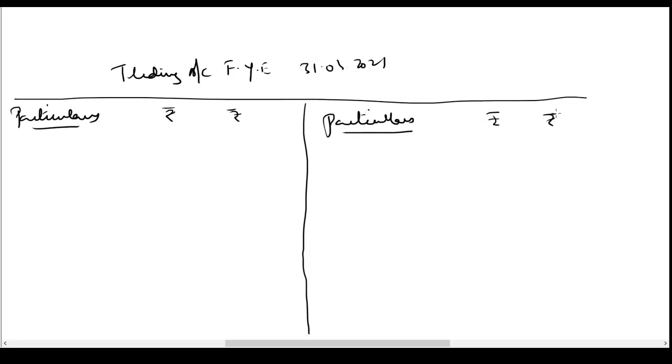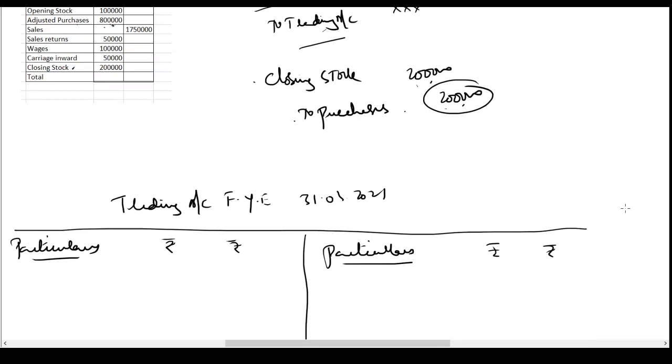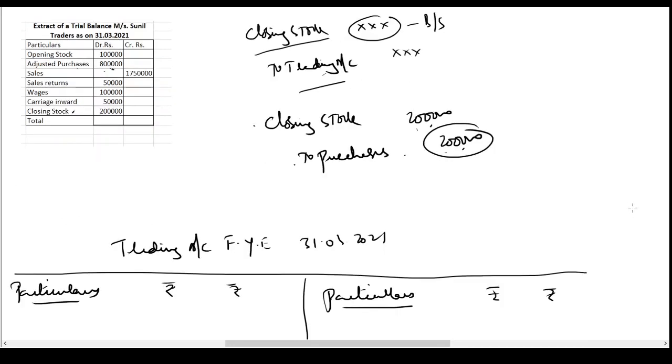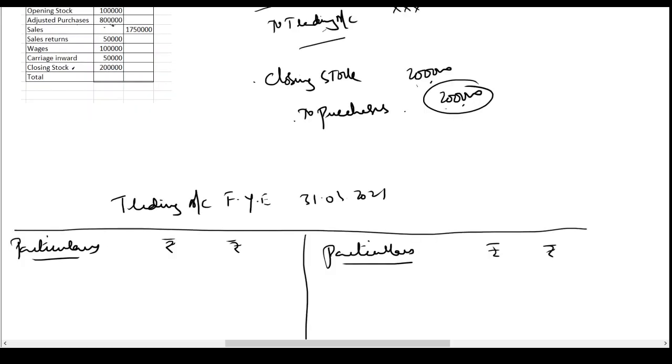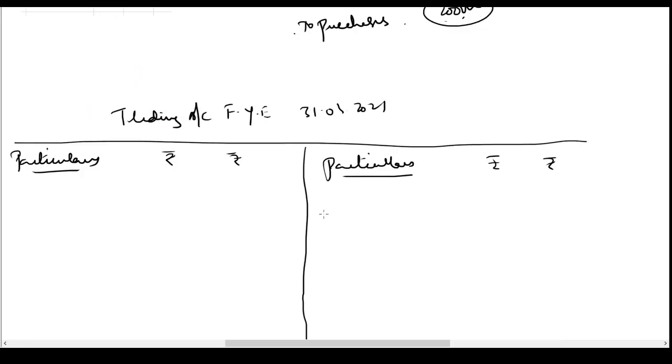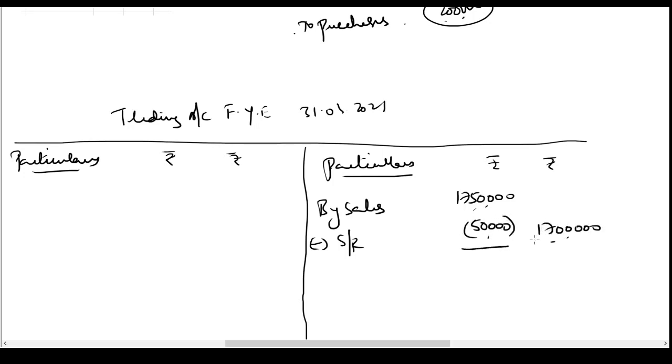Let us start preparing the trading account. Opening stock, these goods would have been sold during the year, so they have to be debited to the trading account. But I'll start in a different way in this problem. I'll credit sales. By sales 17 lakh 50,000 is the income credited to the trading account, less sales returns. Sales returns has to be subtracted from sales, 50,000. So the net income which is credited to the trading account is 17 lakhs.